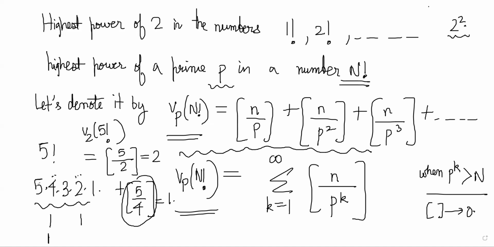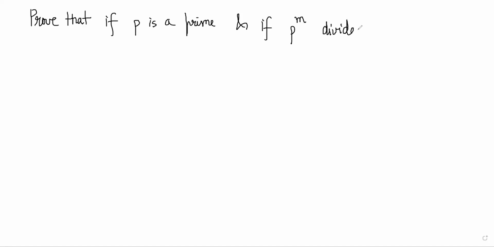Now, an extension of this is an inequality idea. So you should be aware of this as well. Prove that if p is a prime and if p^m divides n factorial, then there is an inequality: m is less than n by p minus 1.